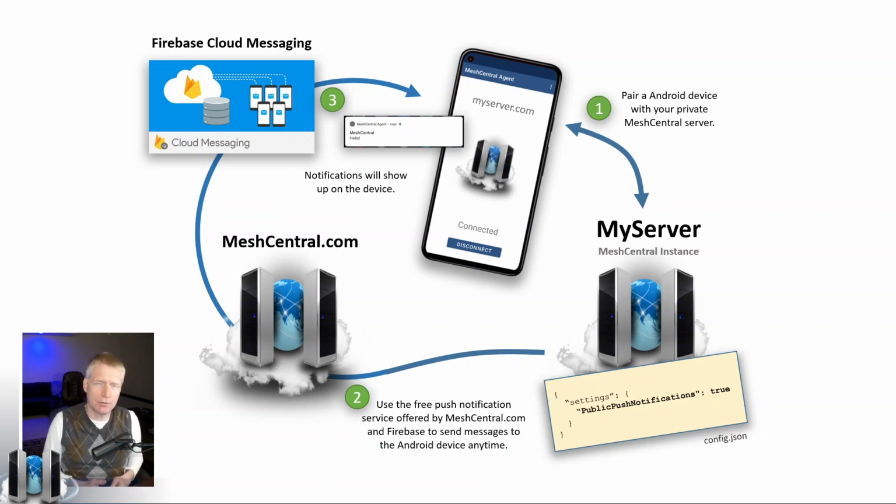So MeshCentral.com is acting as a relay for other servers. Once you turn that on, whatever server you have can send a message to MeshCentral.com, which will then relay it to whatever agent you have. Now, the agent will not send messages back, typically or at all, through MeshCentral.com. What happens is that the message will pop up, and it can cause the agent on the Android device to connect to your server, and that's how you get your feedback.